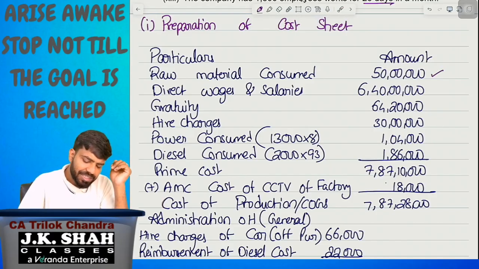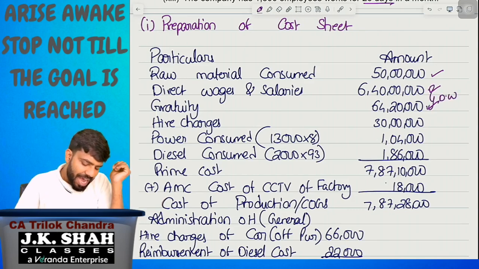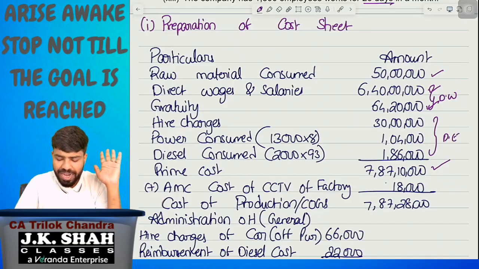Direct wages and salaries 6,40,000. Gratuity 64 lakh 20,000. So these two are the direct wages. Hire charges, direct expense. Power consumed, direct expense. Diesel consumption, direct expense. If you add all these, we call it the prime cost, 7 crore 87 lakh 10,000.